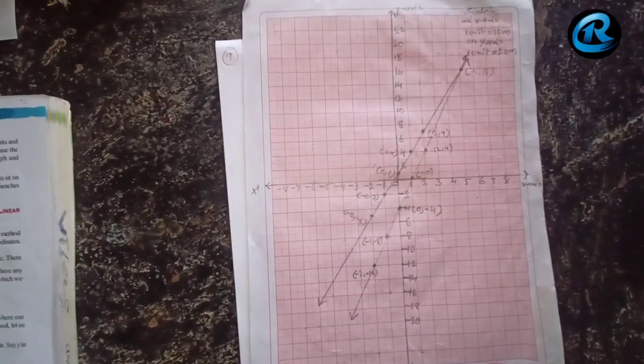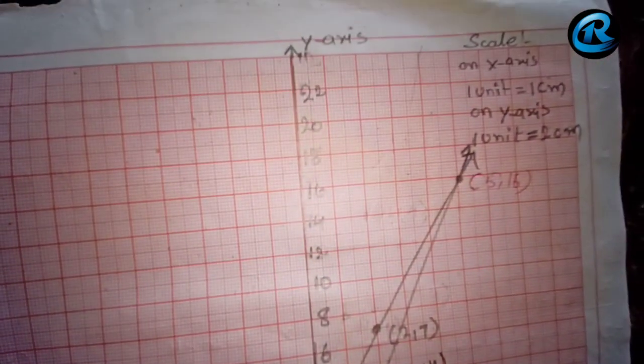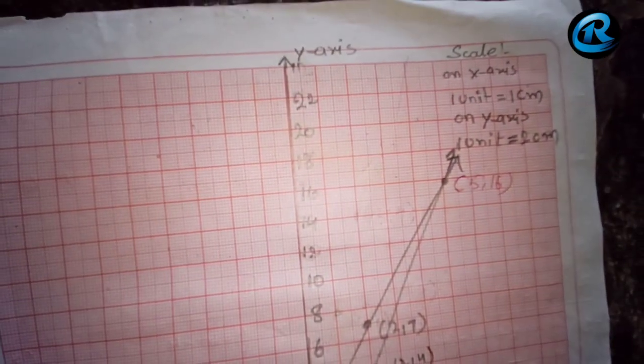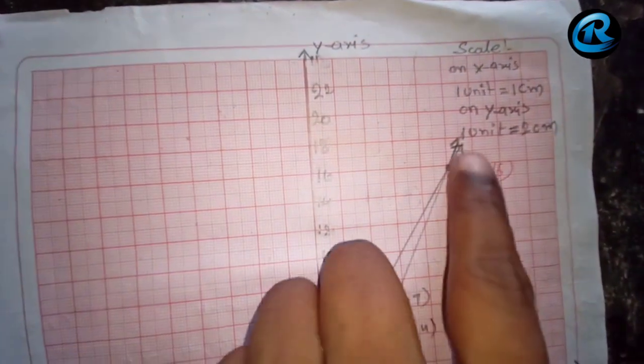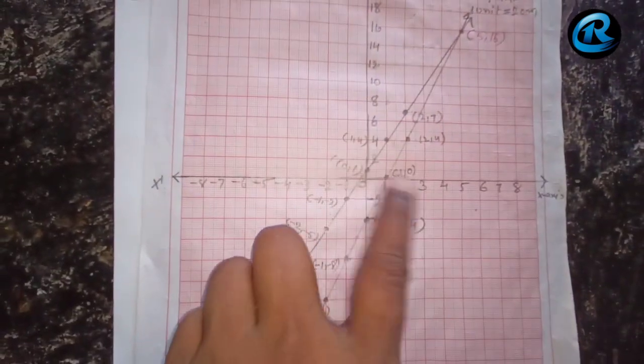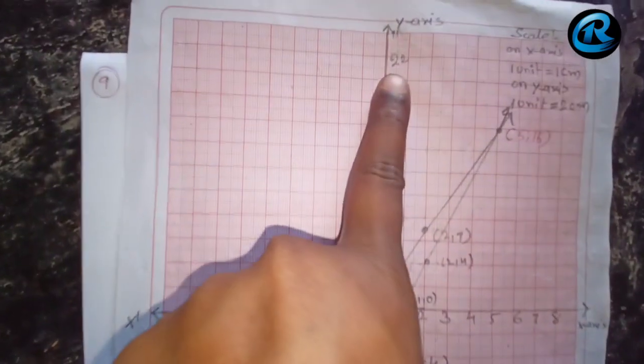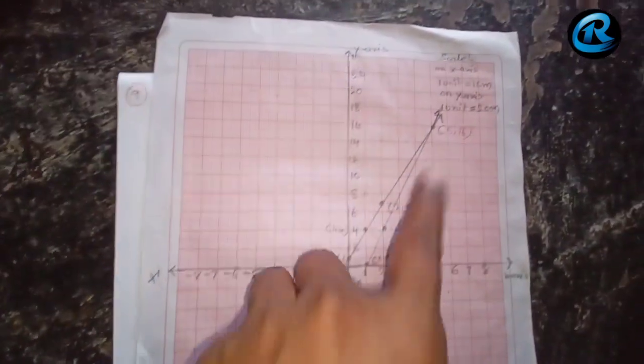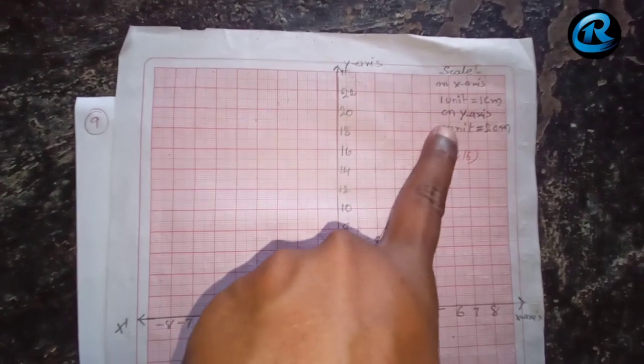That's it. So see that the graph is going to become like this. The scale I have taken here, concentrate: on the x axis 1 unit equal to 1 centimeter, and on the y axis 1 unit equal to 2 centimeter. Here on the x axis I have taken a different scale, on the y axis a different scale. You can take any scale, but you have to write the scale here clearly.